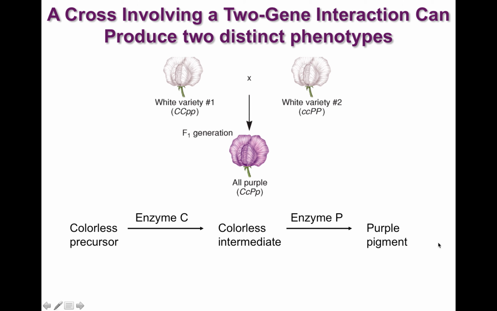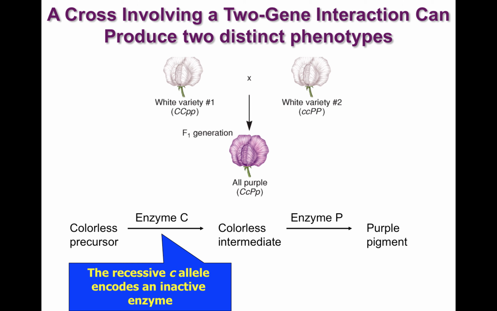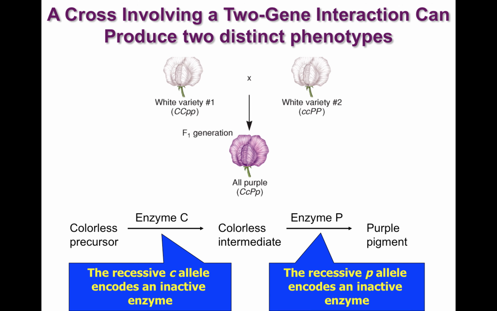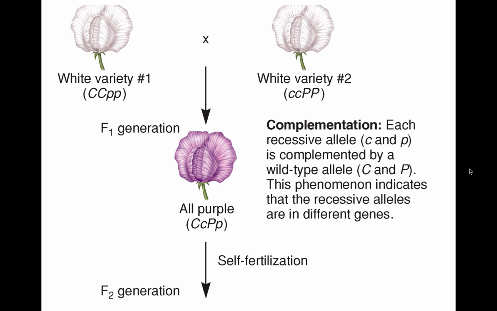That is called complementation. Each recessive allele, the C and the P, is complemented by a wild-type allele. This phenomenon indicates that the recessive alleles are in different genes.